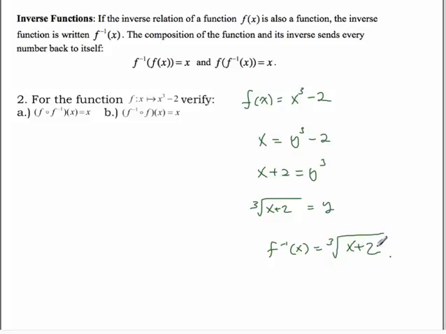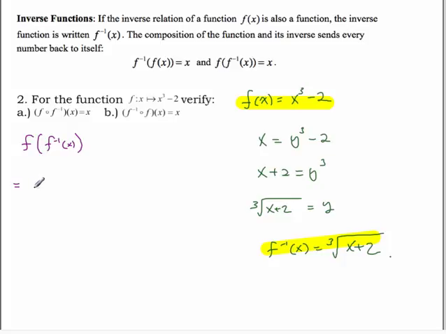Okay, so now that I know the function f and its inverse, I can check both a and b. F of f inverse of x. So in here, every time I see x, I'm going to put this function in there.